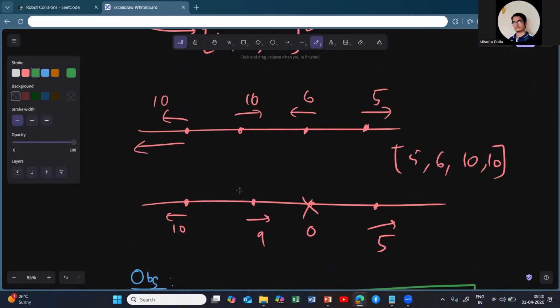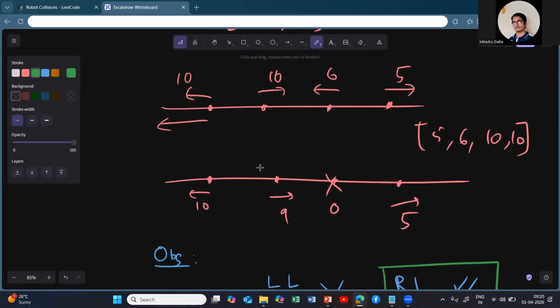So at first, definitely you are going to sort it, because by intuition you can understand, if we are iterating from left to right in a number line, and then we are analyzing each and every robot and analyzing the collisions of that, then definitely the positions must be sorted. Okay, positions must be sorted. So that we will do separately. No problem for that. Okay. So positions must be sorted.